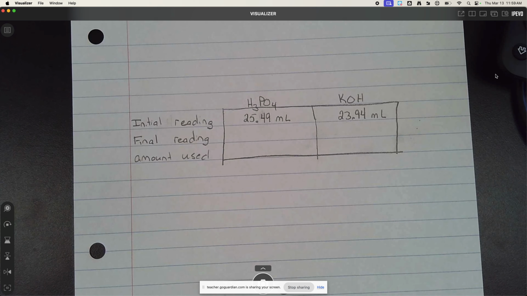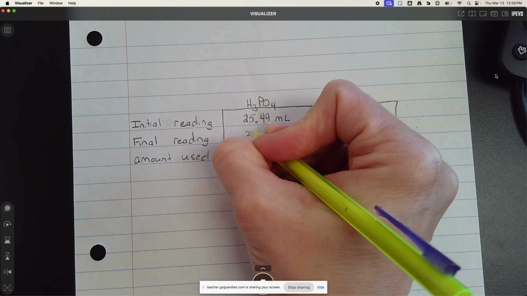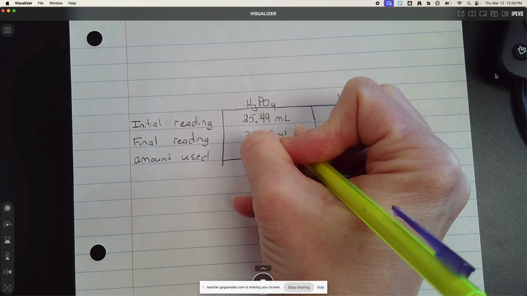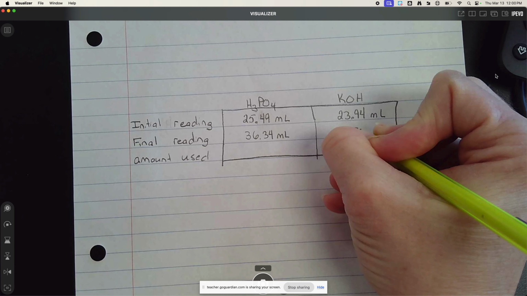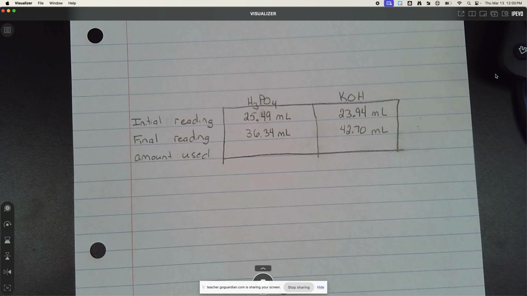Now we need to take our final burette readings. So 36.34 on the phosphoric acid, and 42.70 for the potassium hydroxide.